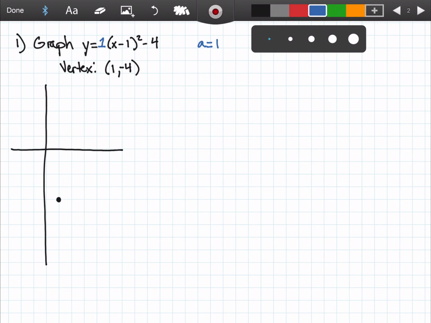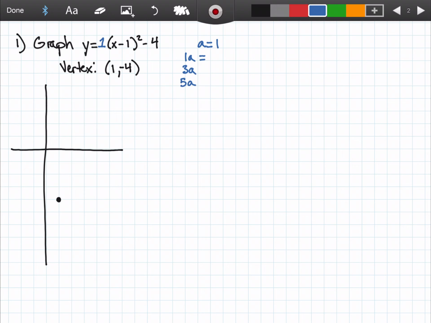And what I'm going to do is take this growth rate of 1a, 3a, 5a and plug in my a value. So 1 times a, which a is 1, is just 1. 3 times 1 is 3. 5 times 1 is 5. I got that just by plugging in the a value. This describes the movement happening between every coordinate of the y's.